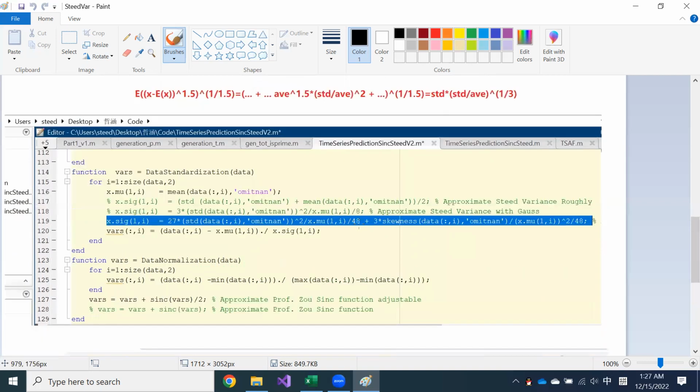If you want to go further, you say, wait, I need to encode skewness. If you use MATLAB, you can do that. You can calculate skewness. This is a formula: 27/48, times STD squared divided by the mean, times skewness divided by the mean squared, because this is the third moment, so you have to divide by the mean twice to get back to the ground.